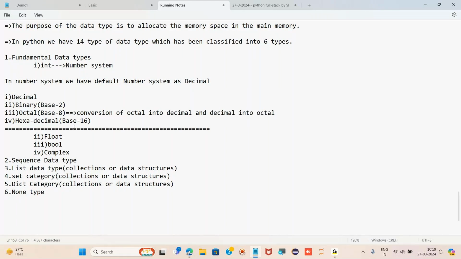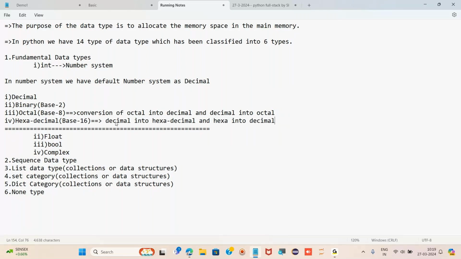Also decimal into hexadecimal and hexa into decimal.